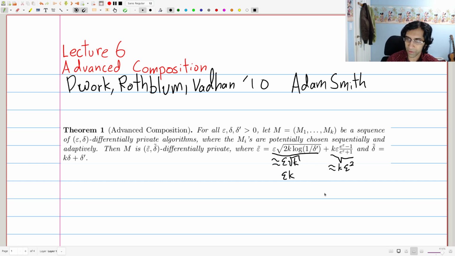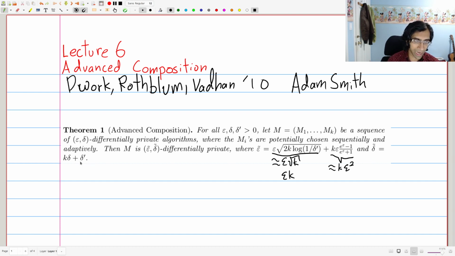So in the regime where epsilon is very small, this will be a lower order term compared to this one. This is what you should generally think of as the dominating term, though in some regimes, of course, it's not the case.